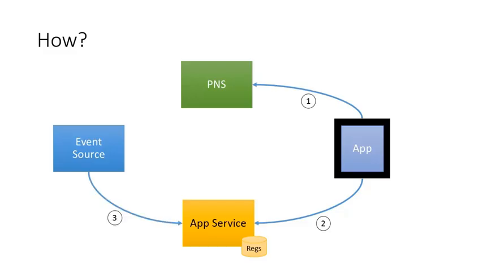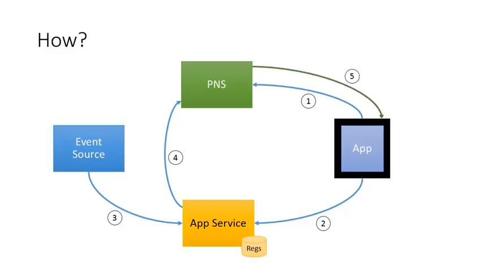As an event is raised, the application service will either look up the matching registration, or it will, in a broadcast fashion, go through all the registrations and then deliver to the push notification service an appropriate message that encapsulates the event data.